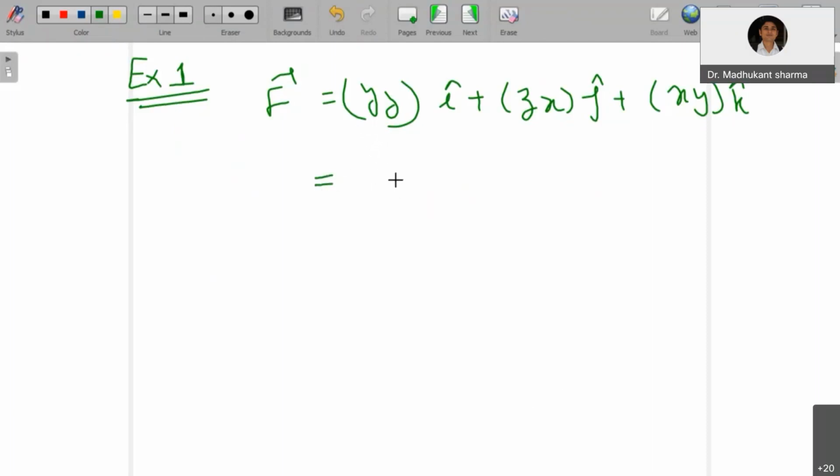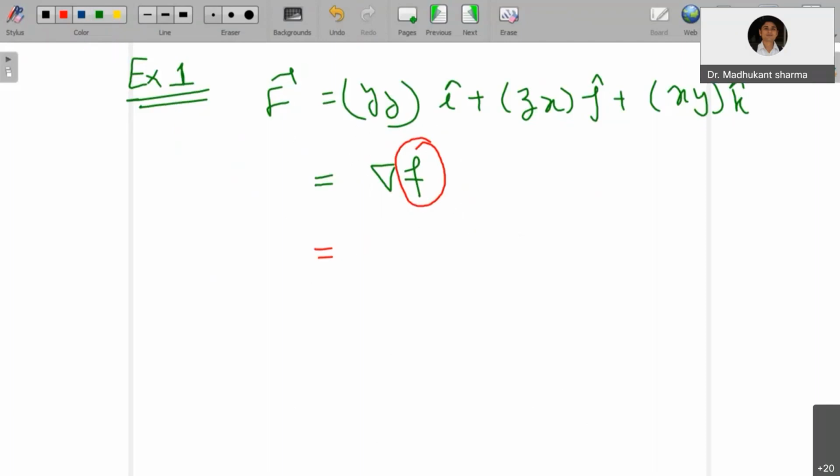So if you look carefully, your objective first is to find grad f. That means your objective is to find this f. If it exists, or if the field is conservative, then you are through.